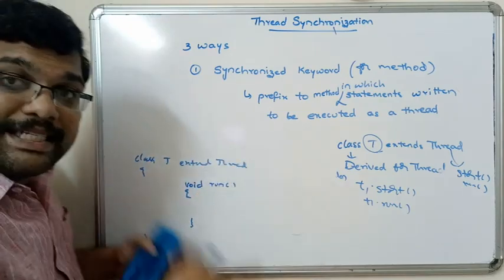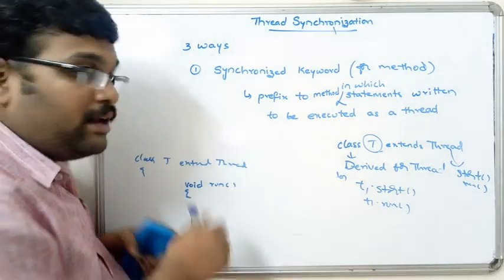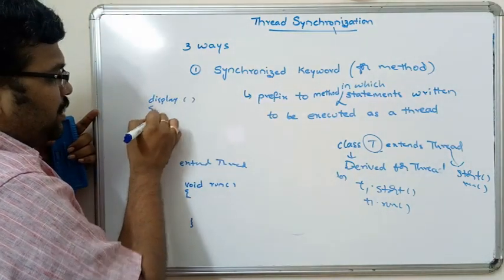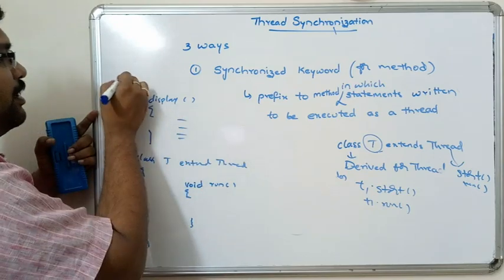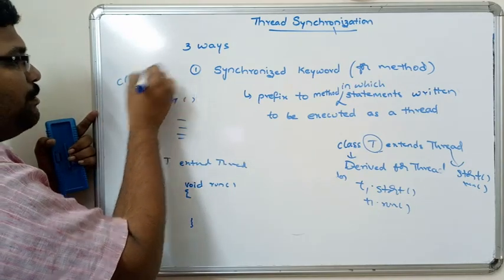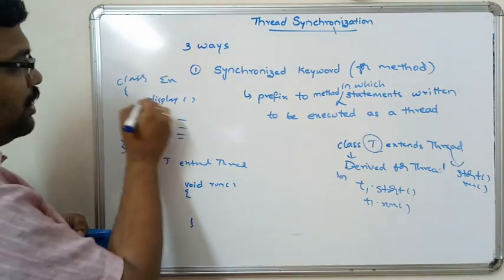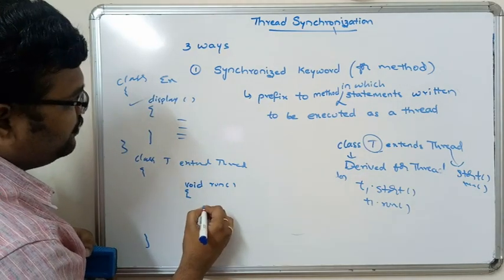We will write all the instructions which we are writing in run in a separate method. Now we are writing all the instructions here, so we can write some other class here, and we will call this method here itself.